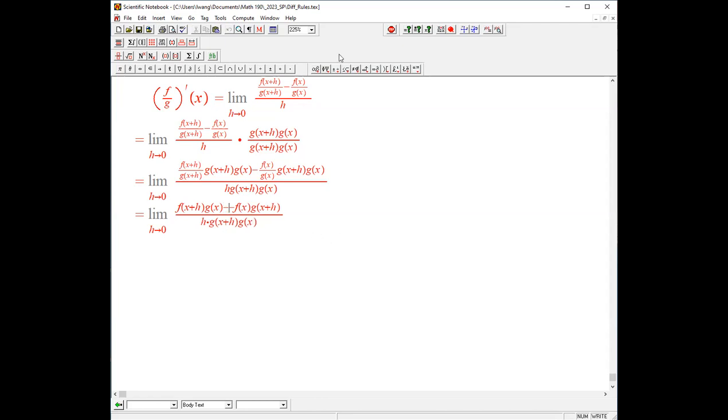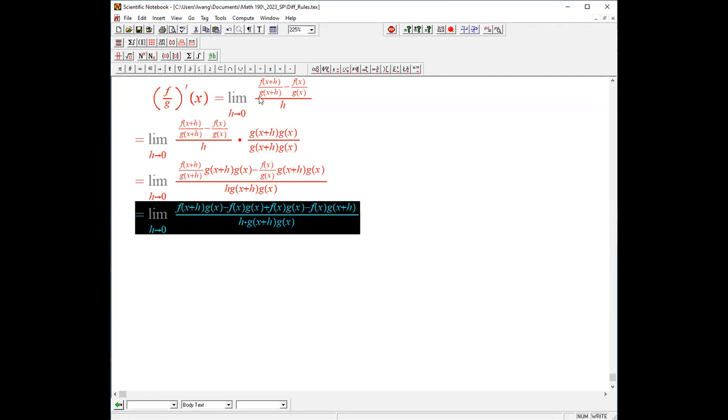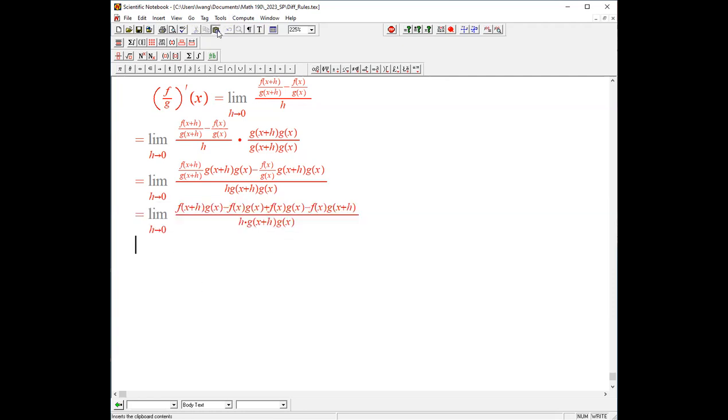So we're going to add f of x multiply g of x, and subtract the same thing. We're adding a 0. And now we want to see if we can separate them, and we are going to separate them.